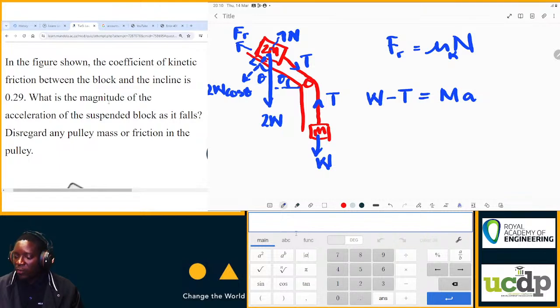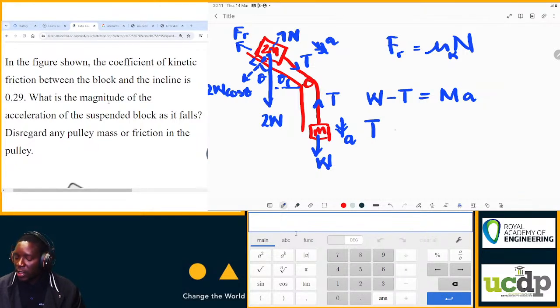The same we do for the incline, where we have T, the tension. In the direction of the acceleration, remember, I've chosen this direction to be positive, so the acceleration in this case is in the direction of the weight. The same would apply if acceleration is in the same direction.